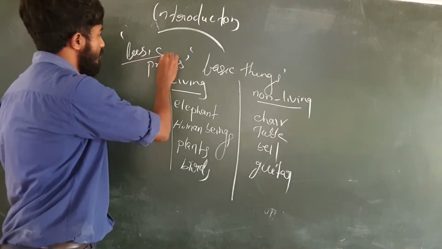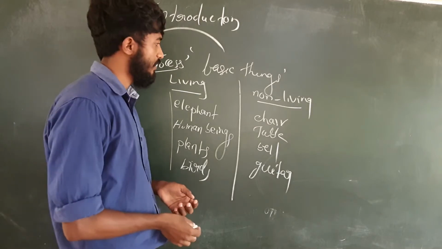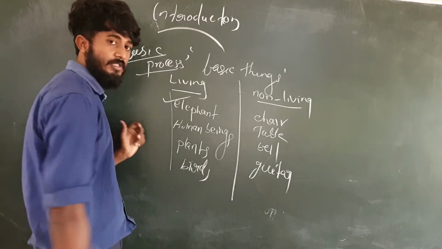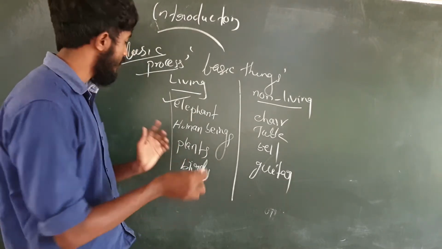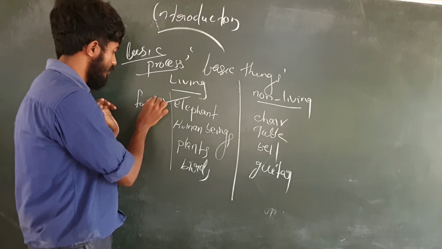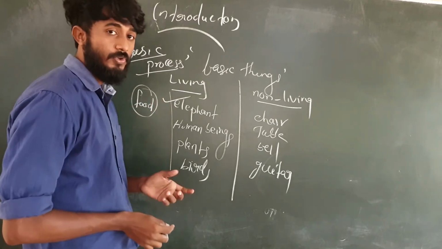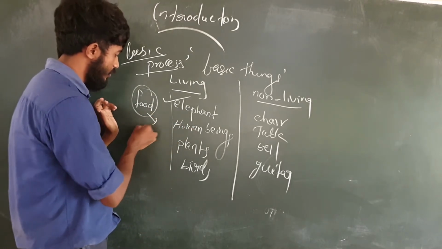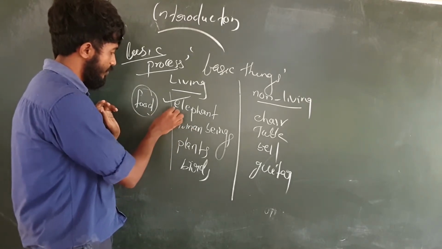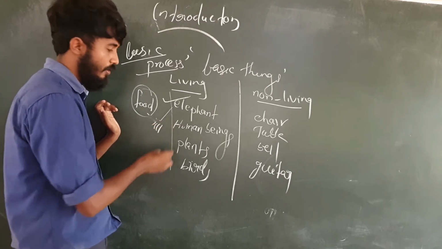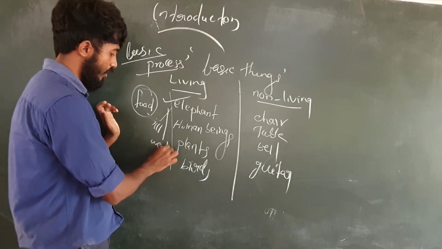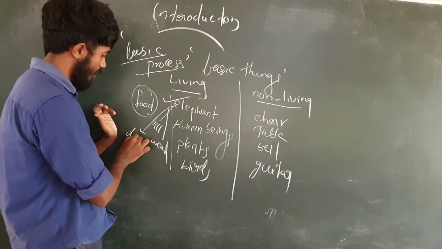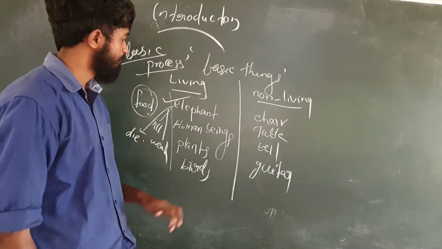So what do you mean by this basic process? Consider one of the living things, the elephant. The elephant needs food, isn't it? Suppose you stop giving food to the elephant, what will happen? Later the elephant becomes ill, or weak, or probably later it may die, isn't it?